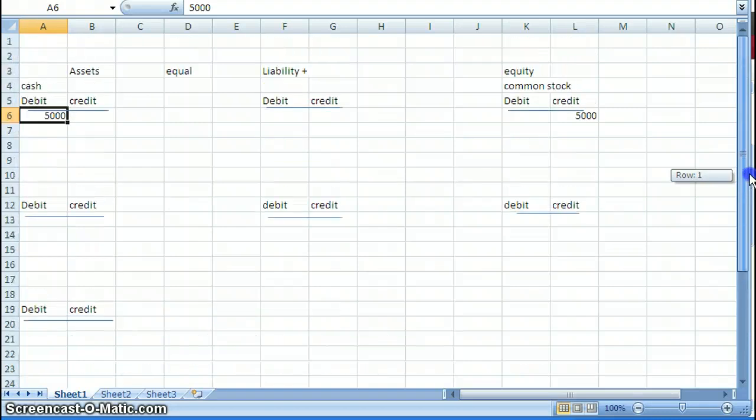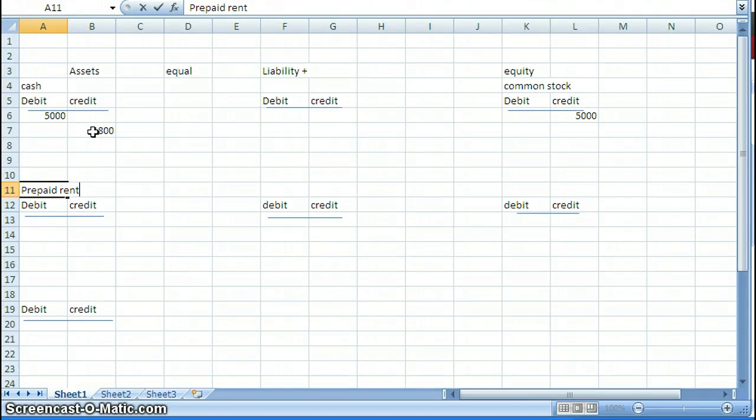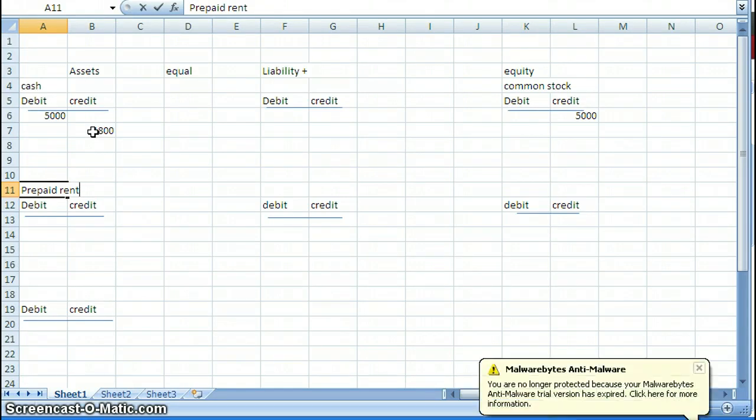Cash will go down $1,800. But then we have prepaid rent, and prepaid rent is going to be an asset. The reason prepaid rent is an asset is because you have access to that property for 1 year. So you have $1,800 in rent.